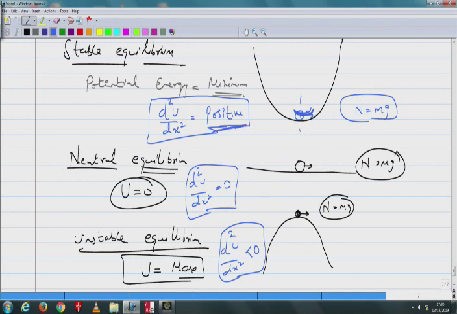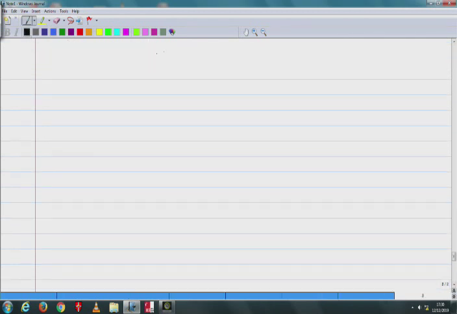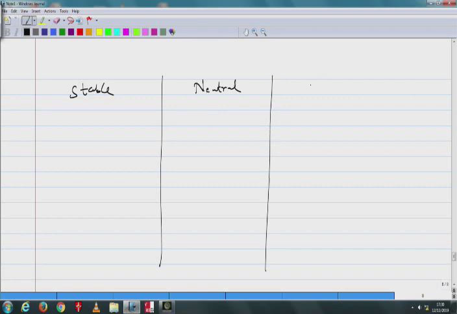Remember this. Just to summarize: stable, neutral, and unstable equilibrium. I will write EQBM.